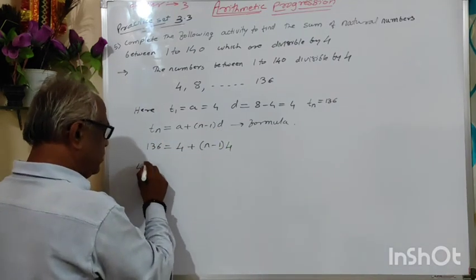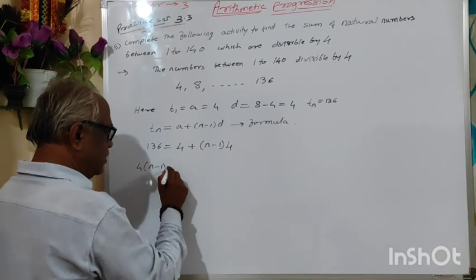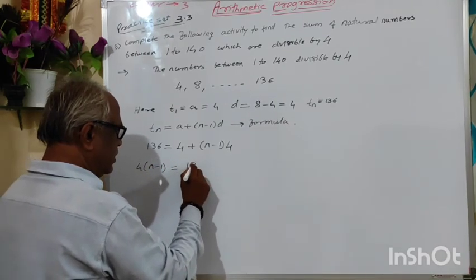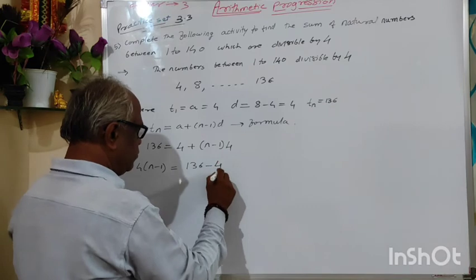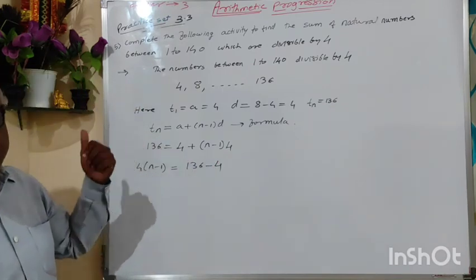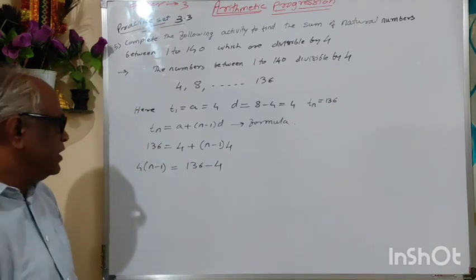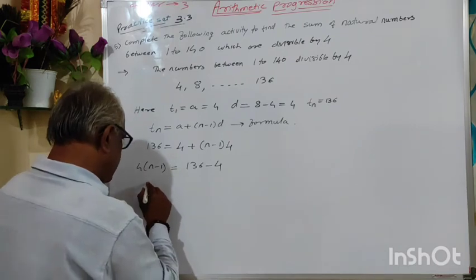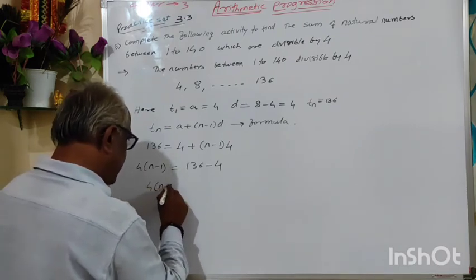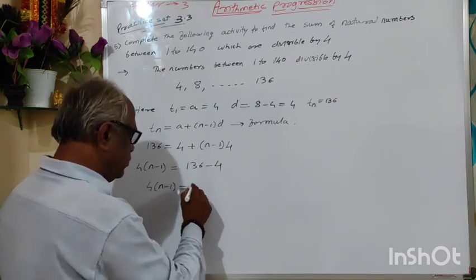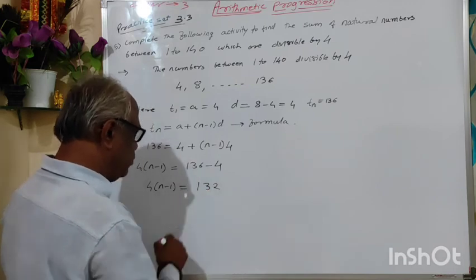Now 4 in bracket n minus 1 is equal to 136 minus 4. This plus 4 shifted to the other side becomes minus 4. So 4 in bracket n minus 1 is equal to 132.